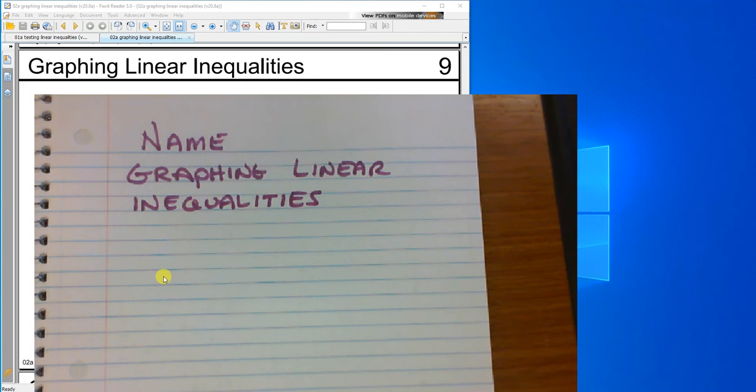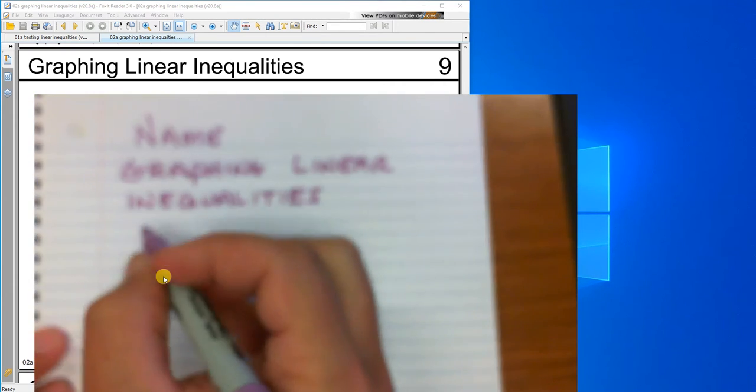And on the previous slide, we talked about circle types, open versus closed. When we're graphing lines, we have to have an open line or a closed line. In order to show that, we use solid or dashed. So let's go with this.